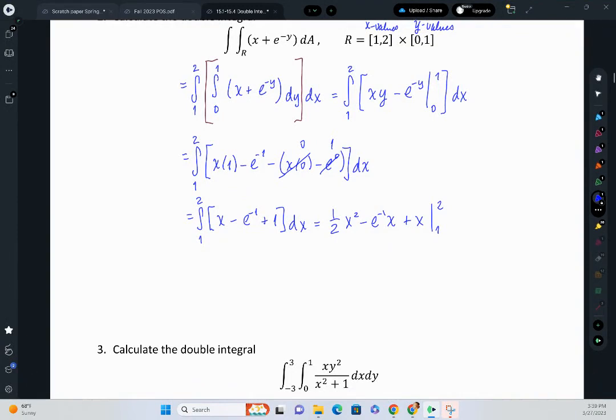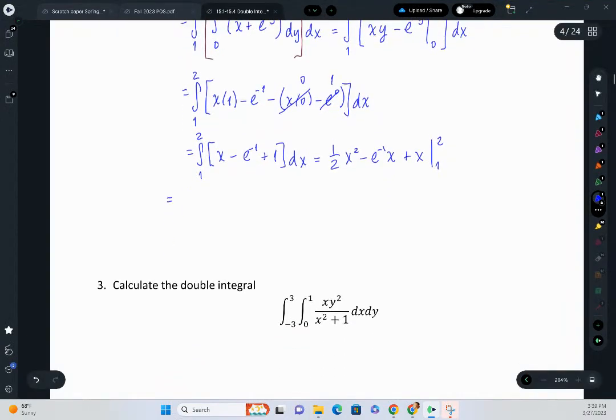Okay, plugging those in the evaluation, I have 1/2 times 2 squared minus 2e to the minus 1 plus 2 minus, in parentheses, 1/2 times 1 squared minus e to the minus 1 plus 1.